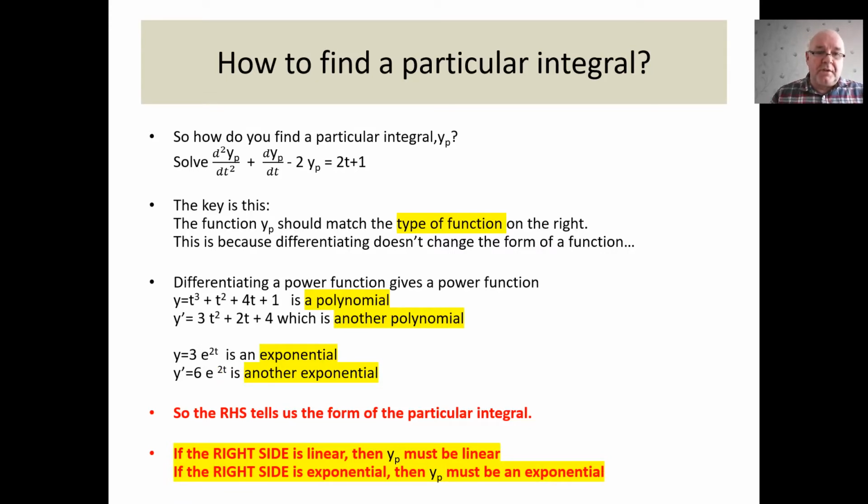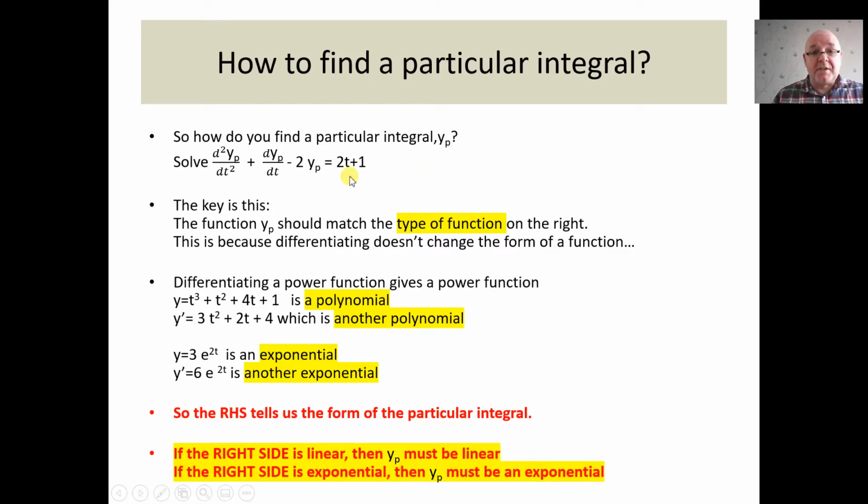So the idea is that with these type of equations that we're giving you, which we call constant coefficient second order ODEs, basically the only thing that happens is you differentiate your function. So if differentiating doesn't change the form of the function, then when you differentiate it again, you again don't change the form of the function.